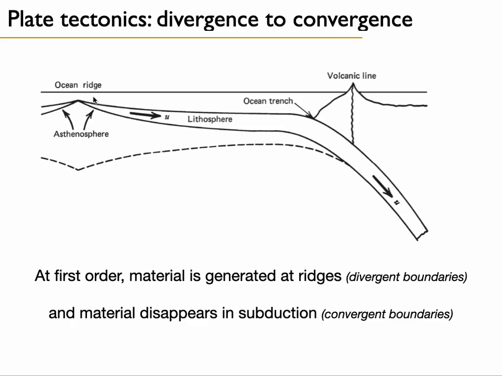So this is a divergent plate boundary. Away from this boundary, the plates are cooling, they are getting thicker, and they may start to sink. This would be a subduction zone. At this location, the plates are converging towards each other. So we have a divergent boundary here and a convergent boundary.